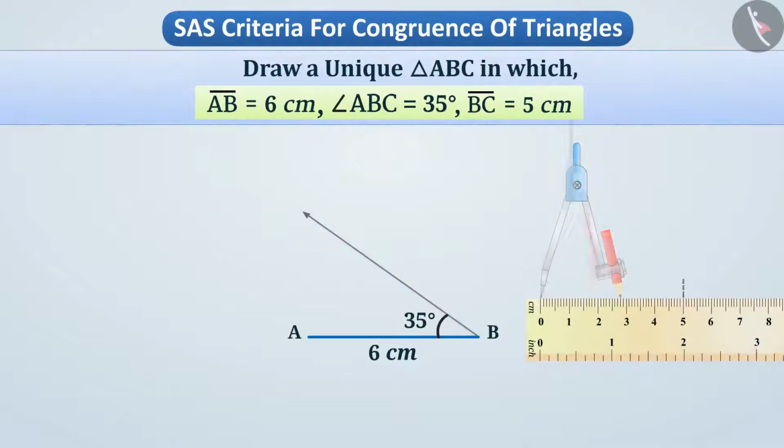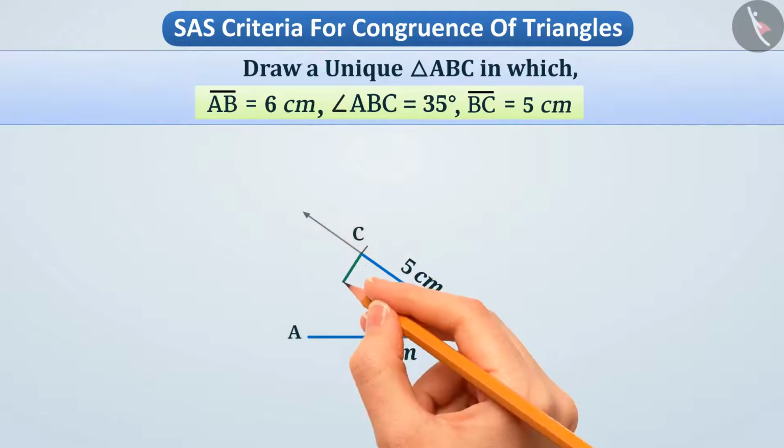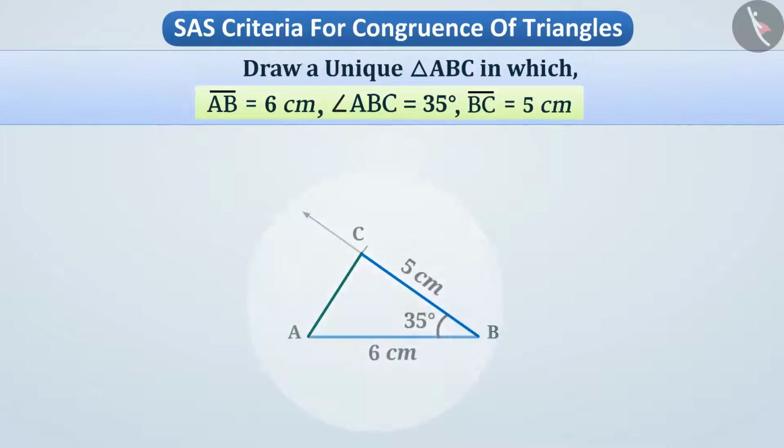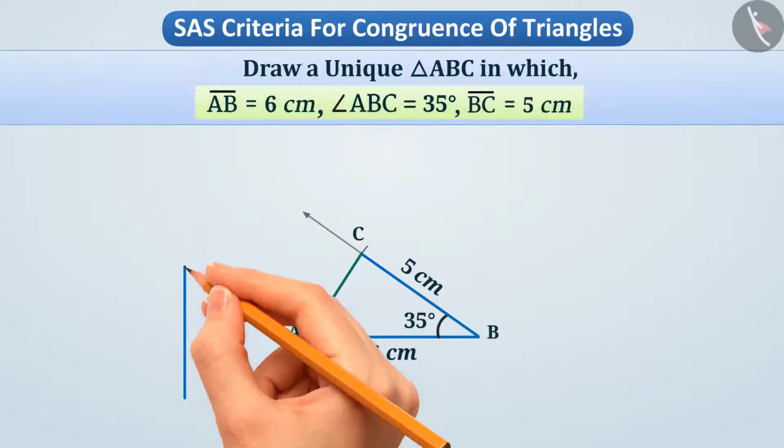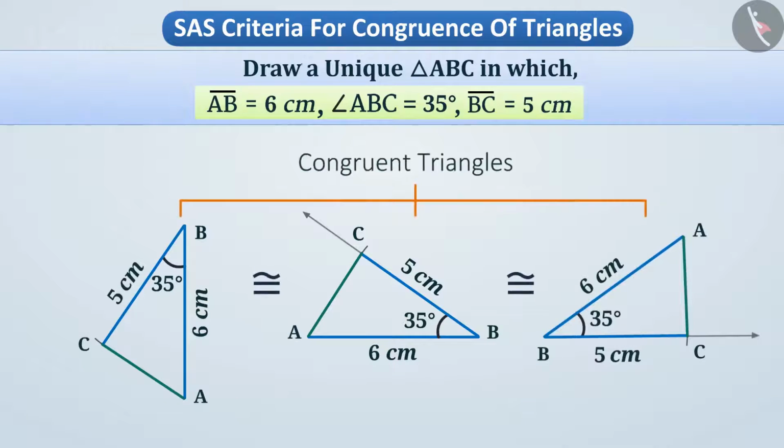Draw an arc of radius 5 cm with B as the center to cut the arm at point C. Now, join point A to C to draw triangle ABC. By using the same measurement, we will get congruent triangles in each situation. We use this knowledge to check the congruency of triangles.